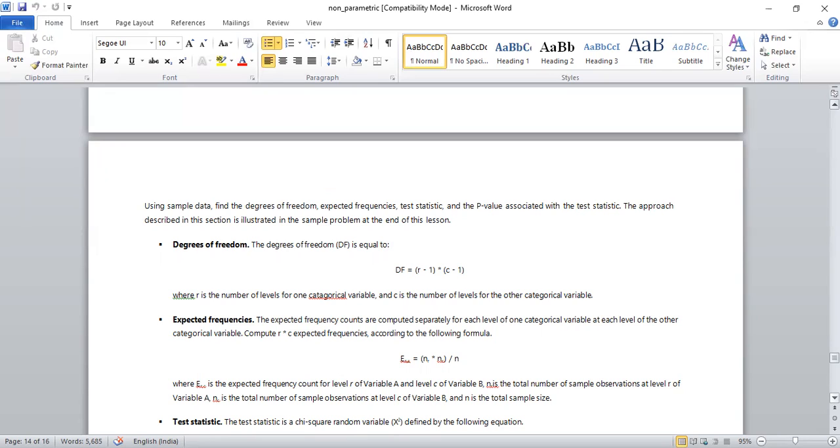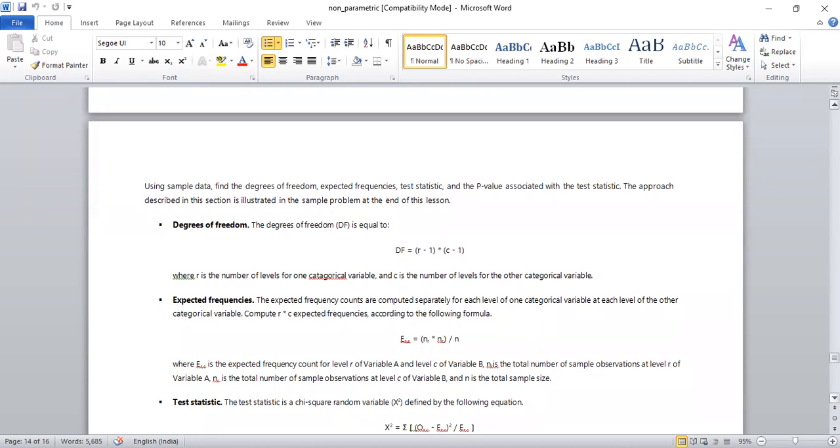E(r,c), the cell for a given row and a particular column, equals n_r times n_c divided by n. Here E(r,c) is the expected frequency count for level r of variable A and level c of variable B. n_r is the total number of sample observations at level r of variable A, n_c is the total number of sample observations at level c of variable B, and n is the total sample size.